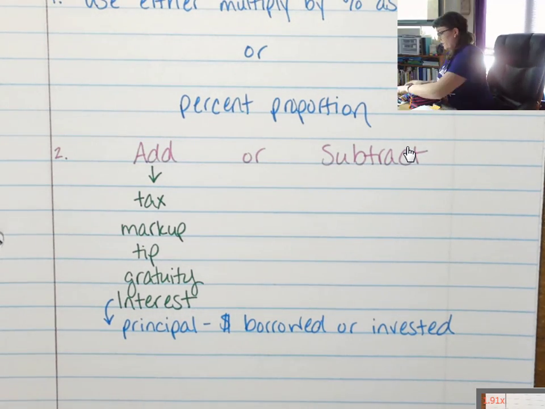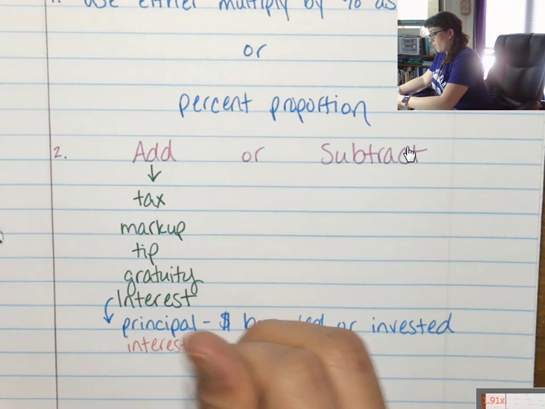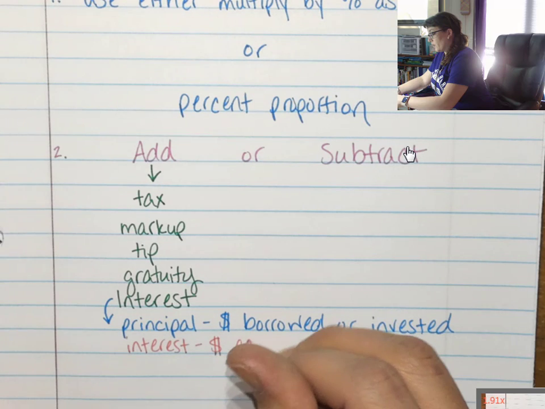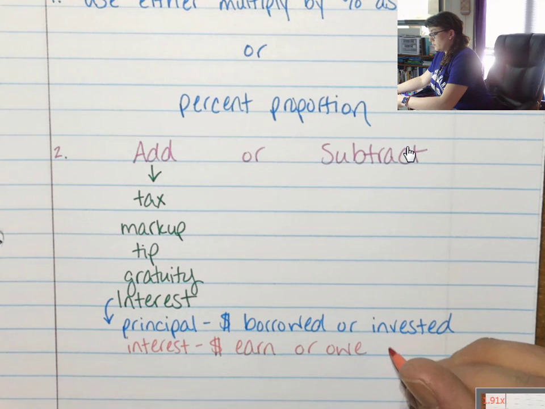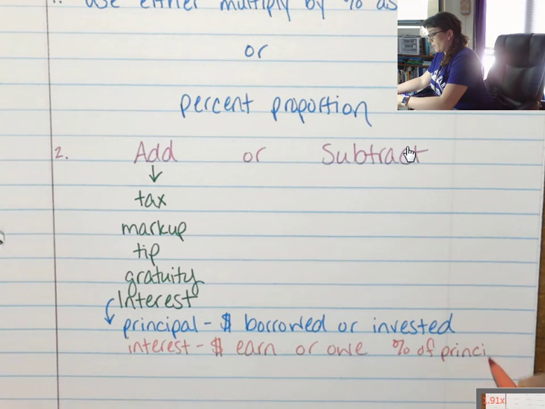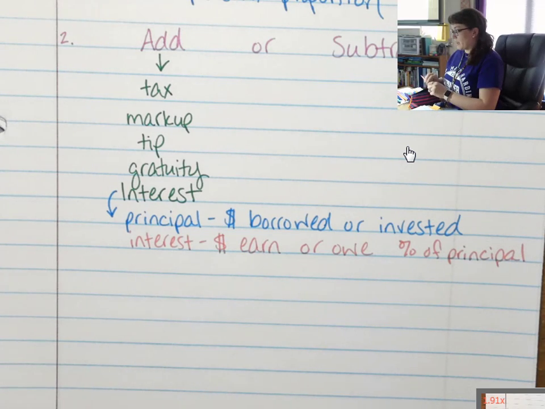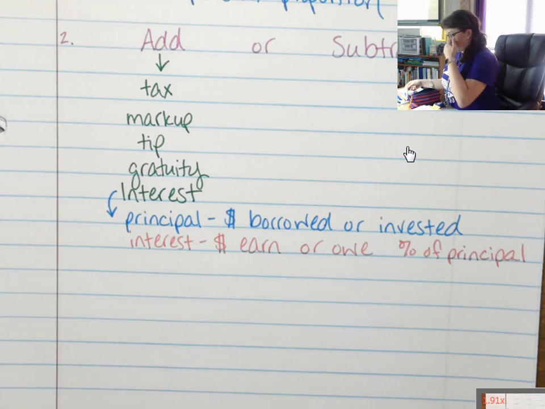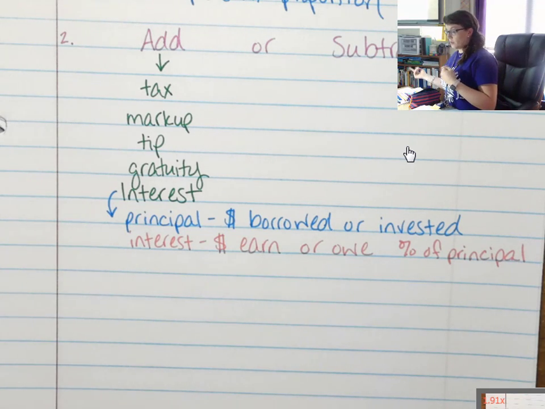Interest itself is money earned or owed, and it's a percent of principal. So if you're the one lending money, it's money you get back. If you're the one borrowing money, it's money you have to pay.